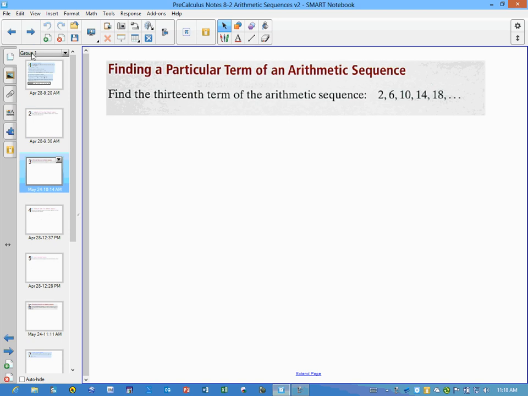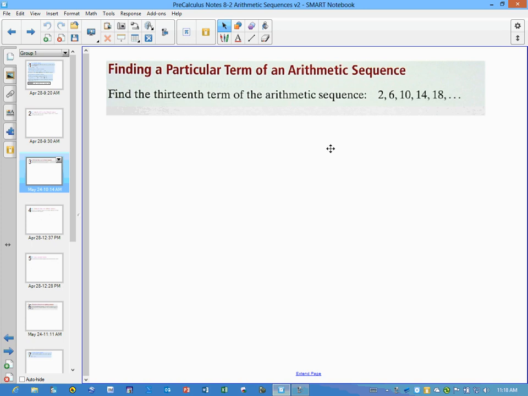Let's say we wanted to find a particular term of an arithmetic sequence. So they're showing us a sequence here, and they say find the 13th term of this arithmetic sequence. The fact that they told us it's an arithmetic sequence is very important, because now we know how it fits the model.